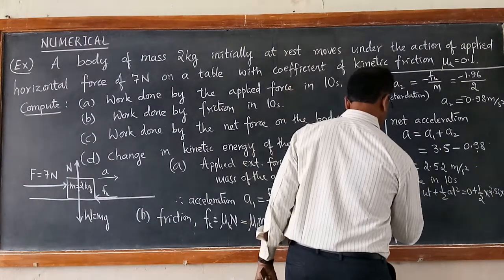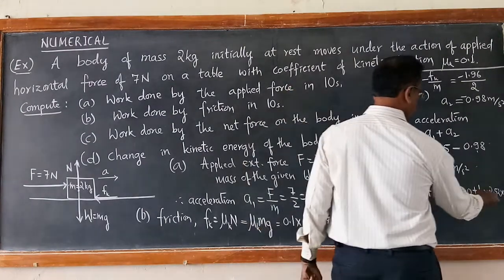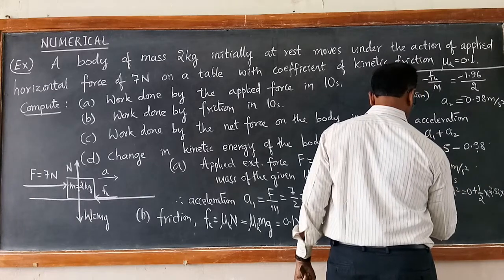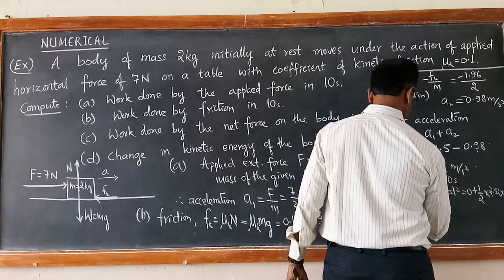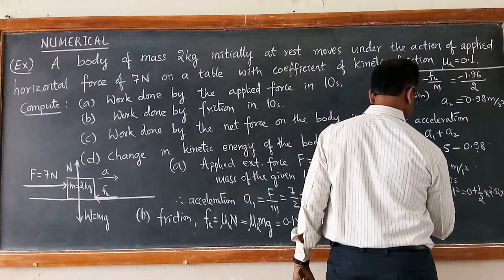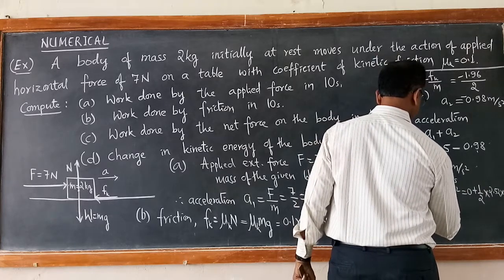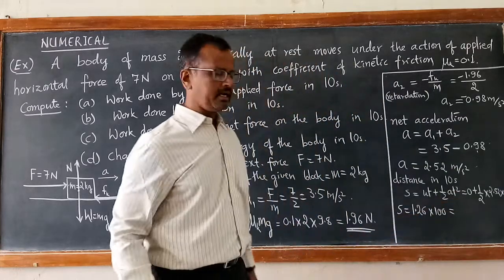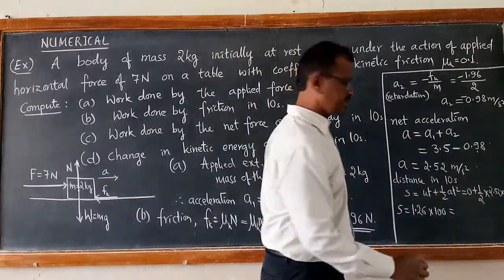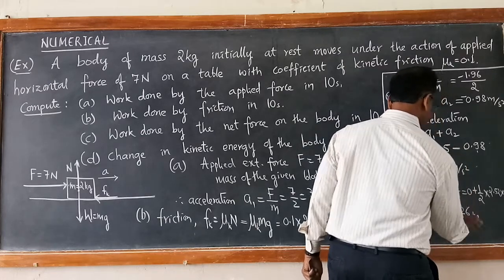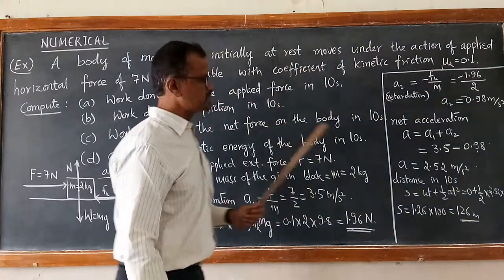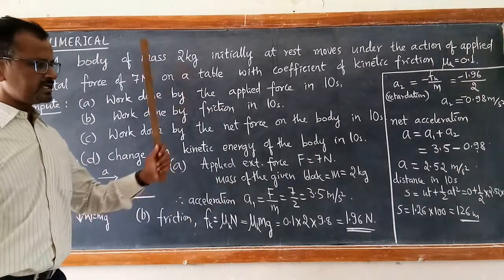Thus you are getting distance covered is equal to 2 ones are 2, 2 2s are 4, 2 6s are 12, so 1.26 into 100. 1.26 into 100, 10 square is 100, so it becomes 126 meter. So thus we got the distance or displacement due to applied force as 126 meter.